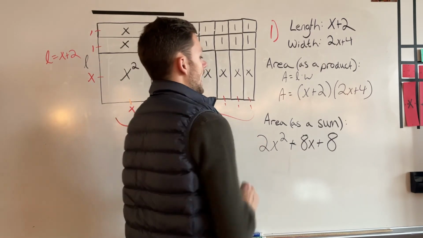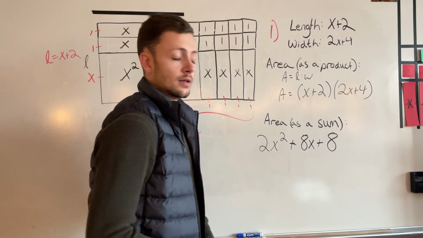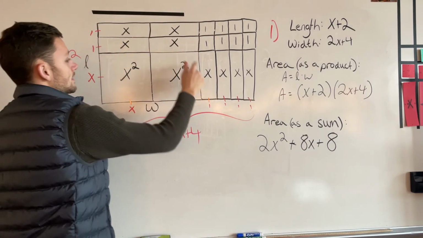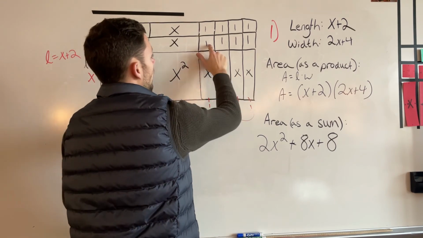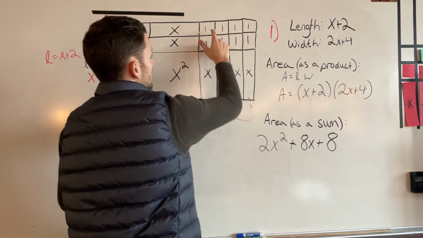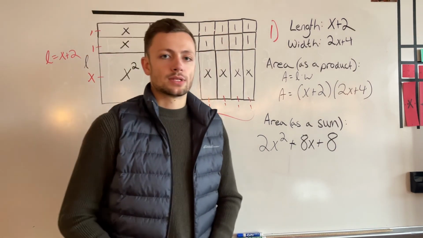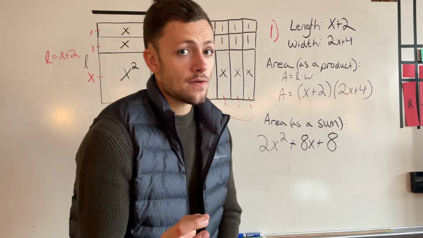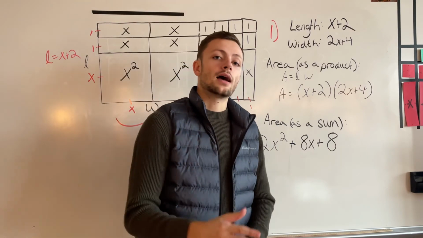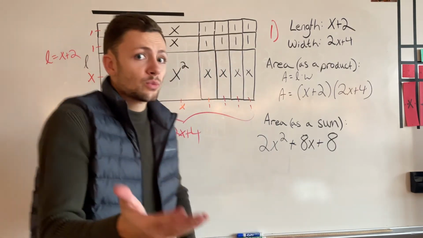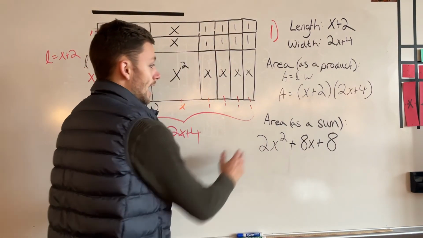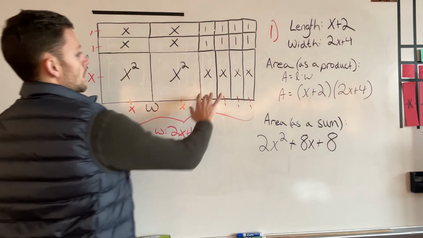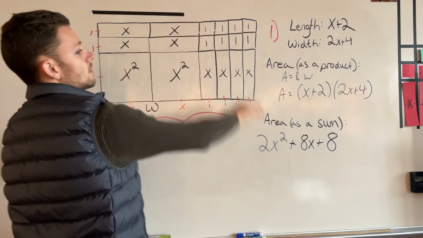And your area as a sum is just counting up and adding together the values of all of your tiles. And again, I don't want to trick you with the algebra tiles. They are named after their area. So the x squared tile has an area of x squared. So you're really just counting the tiles. When I ask you for the area as a sum, you're just counting. I've got 2 x squareds, 8 x's and 8 1s.